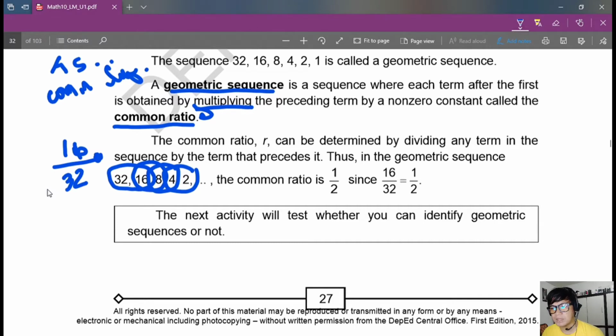Take for instance ito, 32. 32 to get 16, 32 multiply mo siya sa 1/2. So 32 times 1/2, that is 16. 16 times 1/2, 8. 8 times 1/2, 4. 4 times 1/2, 2. 2 times 1/2, 1. 1 times 1/2, so that next term here is 1/2.